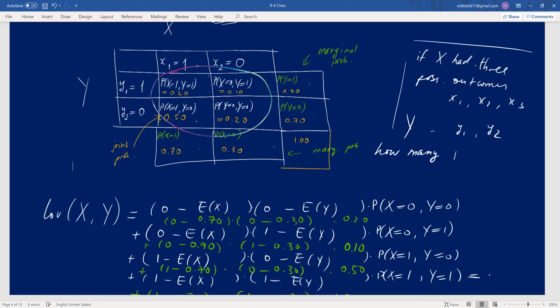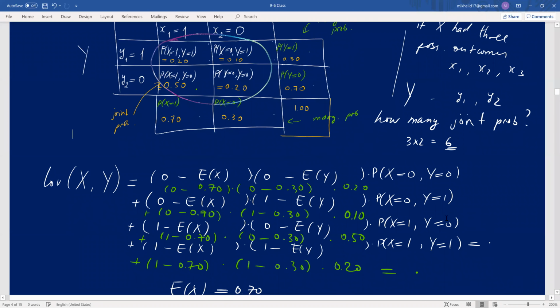Yeah. Three times 2, right? And so instead of 4, you would have 6 joint probabilities here, and then you would have similarly additional terms on the other side too. Do you guys agree with me?